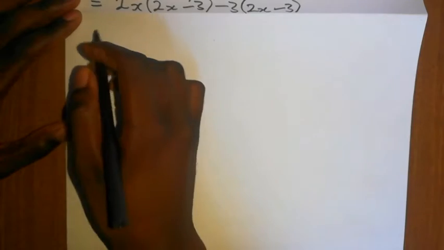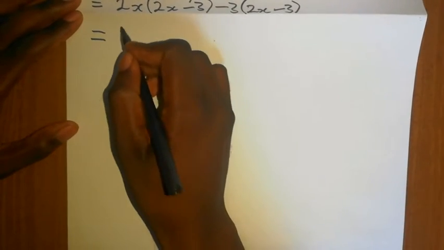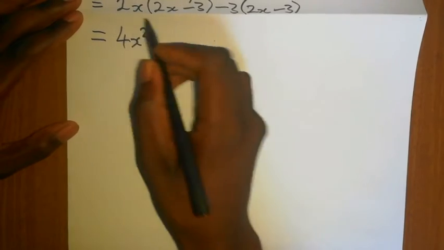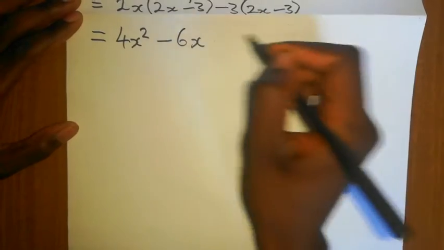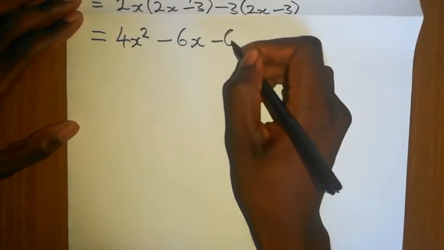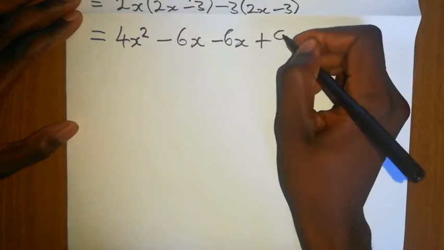As I continue, it's going to be equal to 2x times 2x, that's 4x squared. 2x times negative 3, that's negative 6x. Again, here I'm going to obtain negative 6x. Then negative times negative, I'm going to have a positive 9.